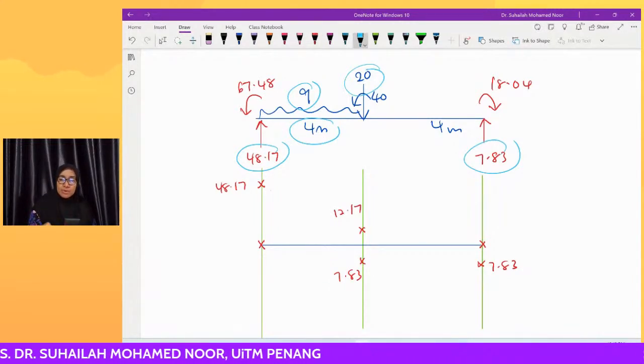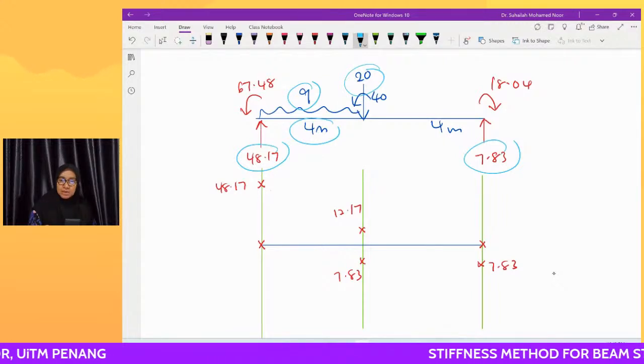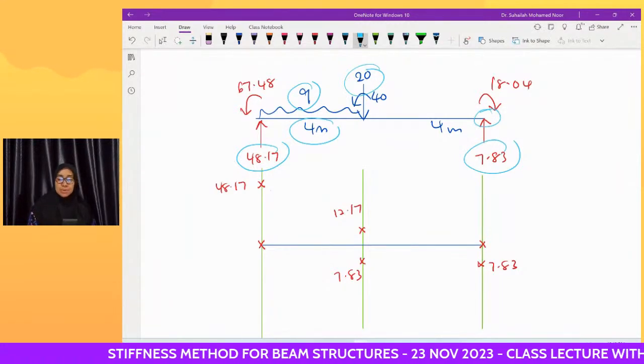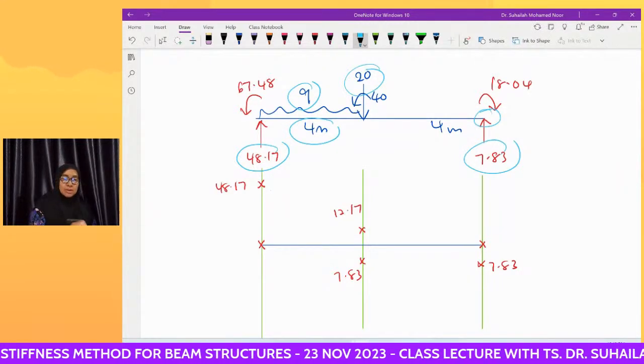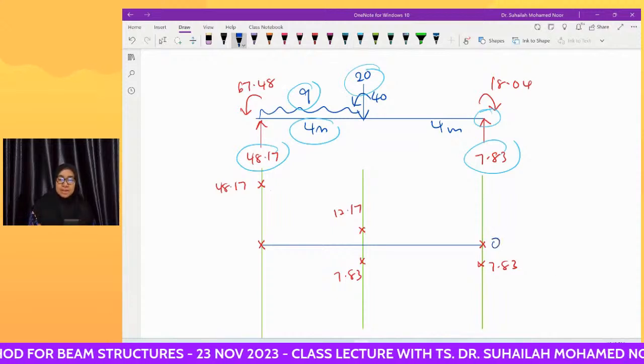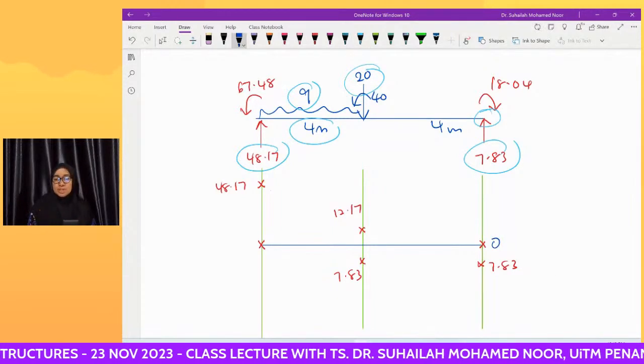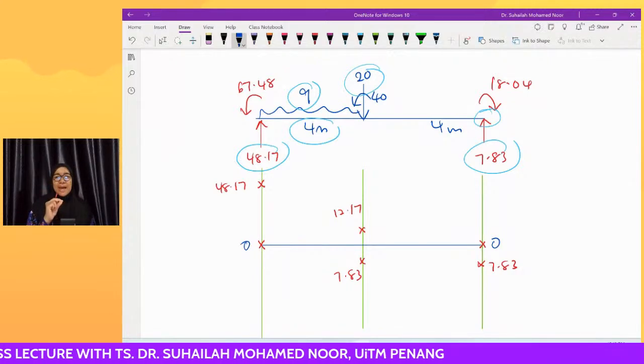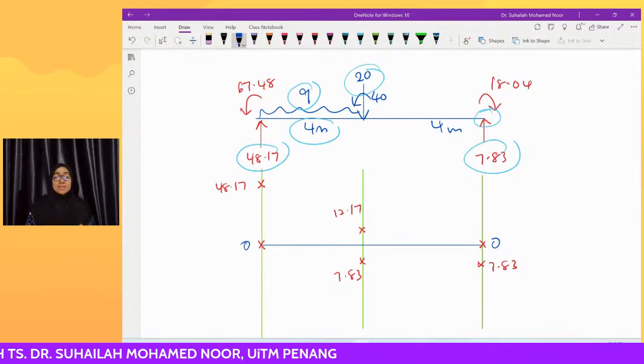The arrow shows that it is going to close the loop and end at 0. So the last position is 0. Start at 0, end at 0.